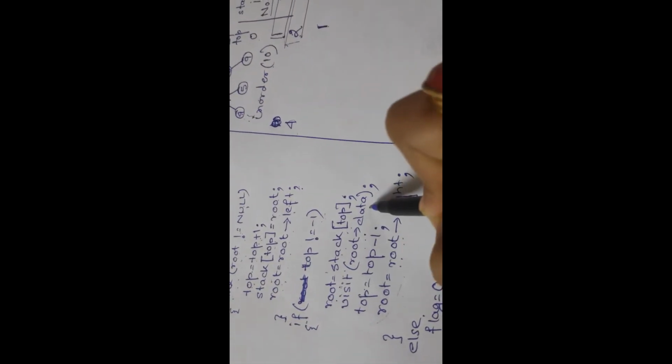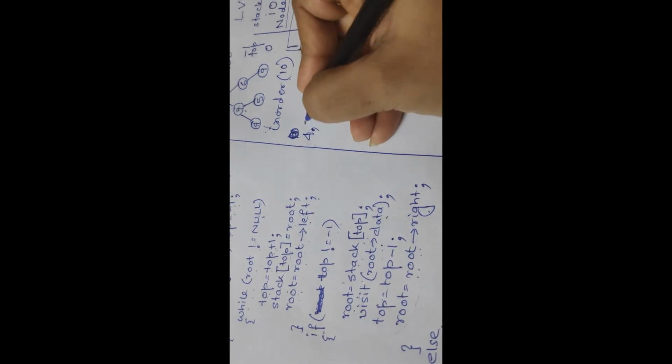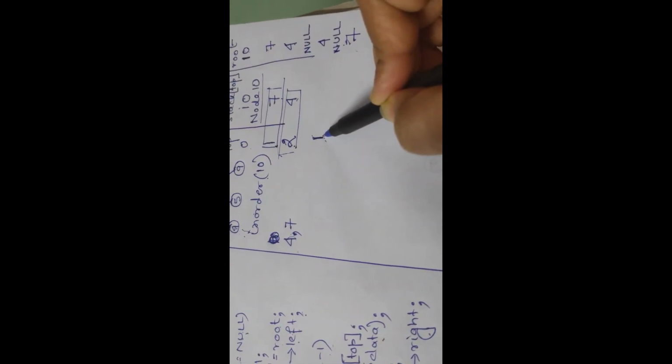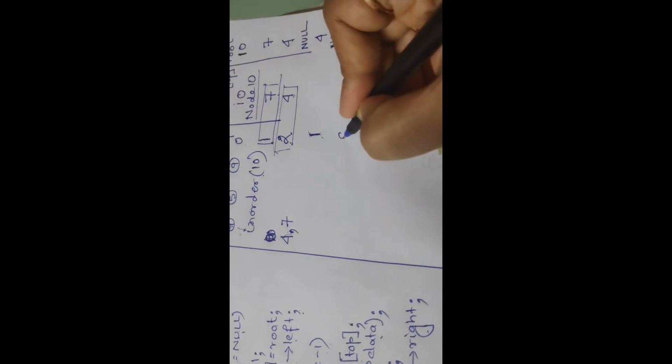Visit root data. So 7 is visited. Now top is equals to top minus 1. So top value is 1 over here. So when you make top is equals to top minus 1, top value becomes 0.